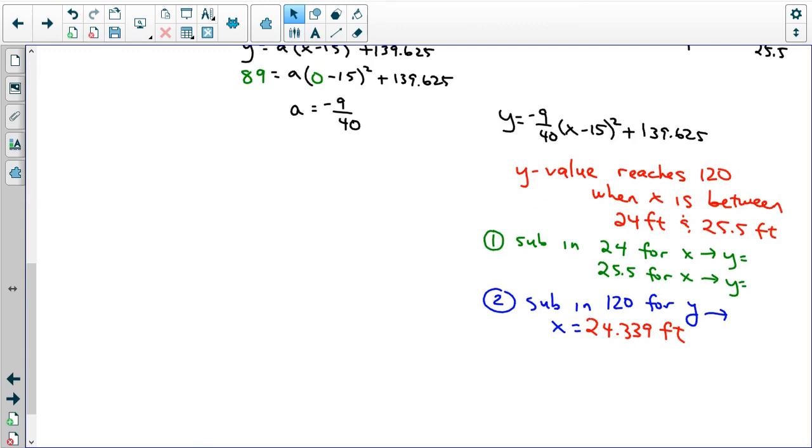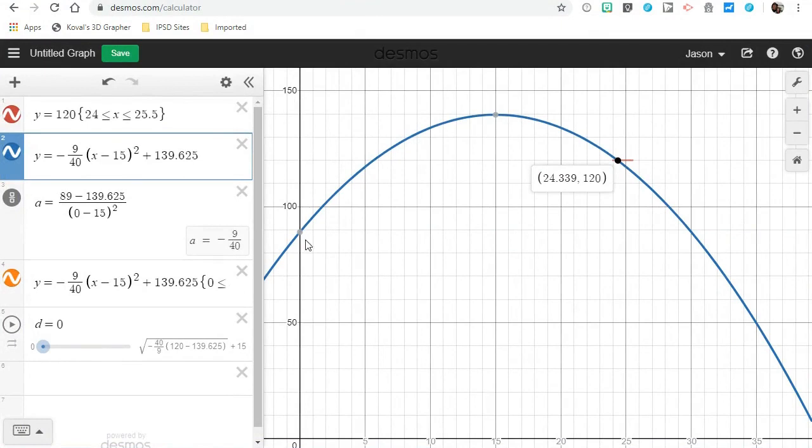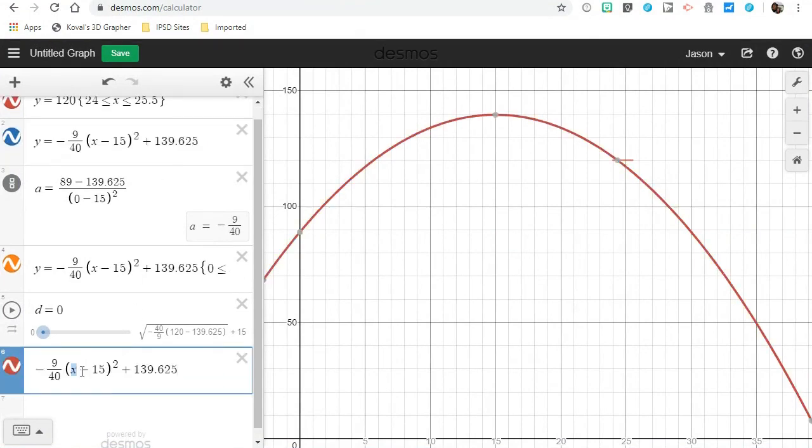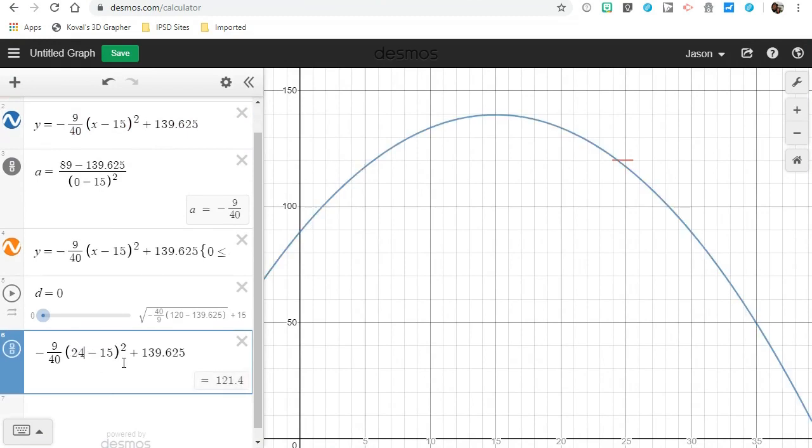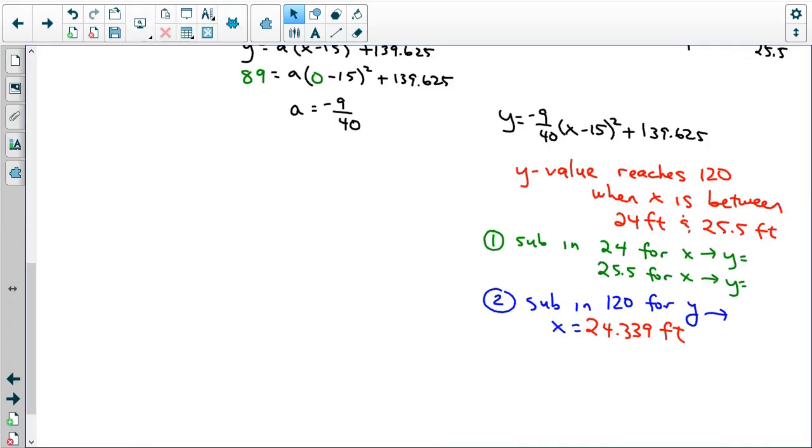My other option would have been to try to figure out what happens when x is 24 and when x is 25.5. So I could do that. If I sub in 24 for x, I get 121.4. And if I sub in 25.5 for x, I get 114.818.